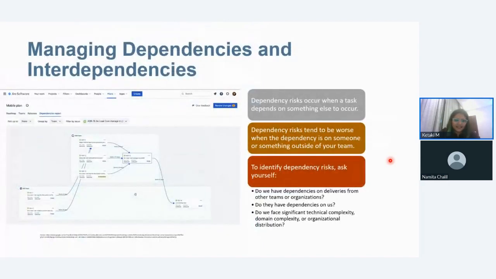Managing dependencies and interdependencies. It is a screenshot that is taken from Atlassian Jira. There are so many tools available in the market today that make managing dependencies and interdependencies fairly easy and allow you to be always on the critical path, to really mitigate a hidden cost that could arise if the team is, let's say, idle, waiting for a dependency or an interdependency.